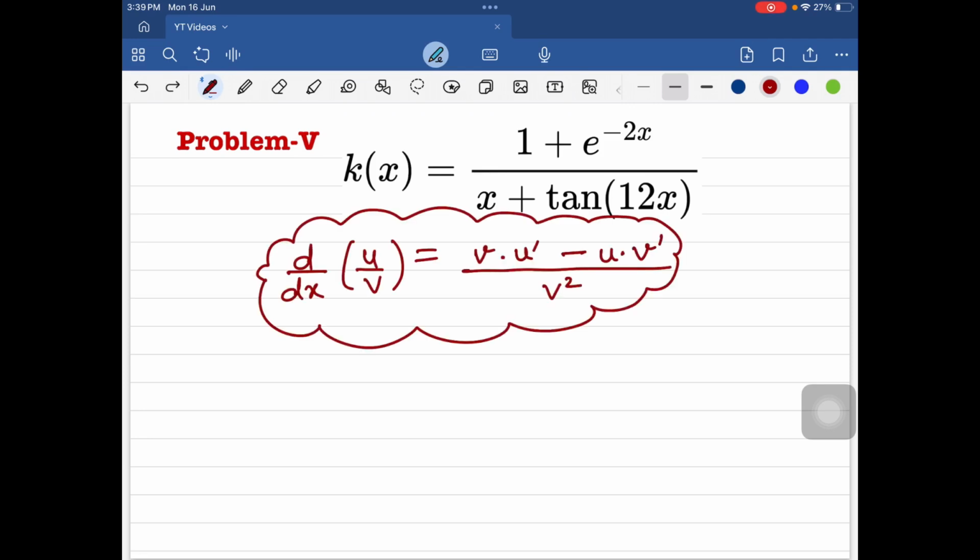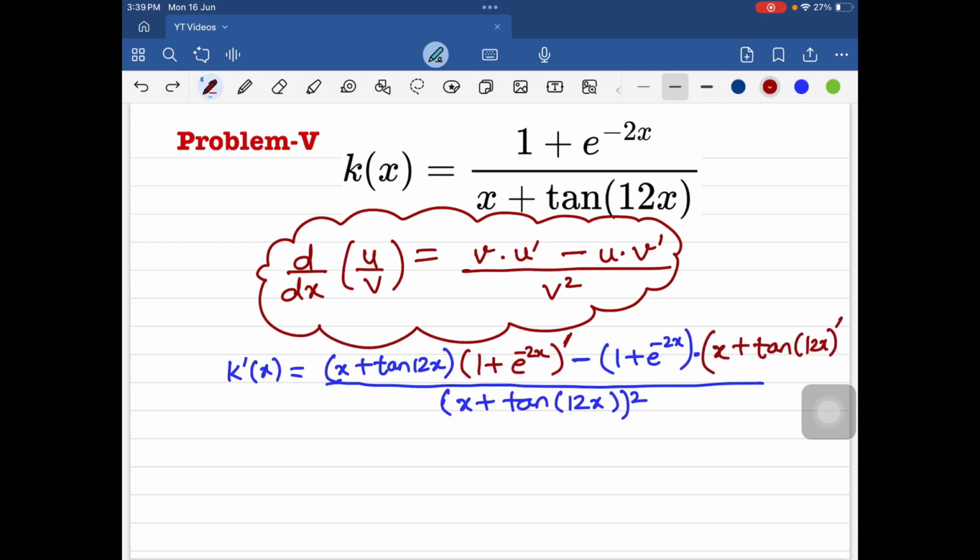So what is the formula? d/dx of u by v equals v square in the denominator, v into u prime minus u into v prime. Here v is the denominator, so x plus tan 12x, and wherever there is u we have to write 1 plus e to the power minus 2x. In this way we get an expression in terms of the given terms.